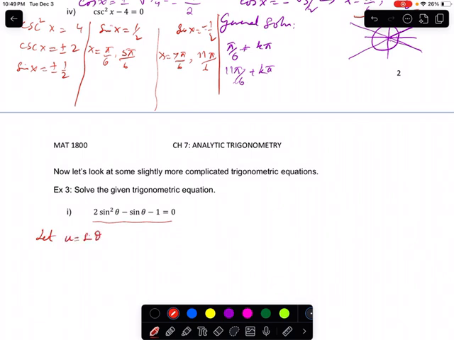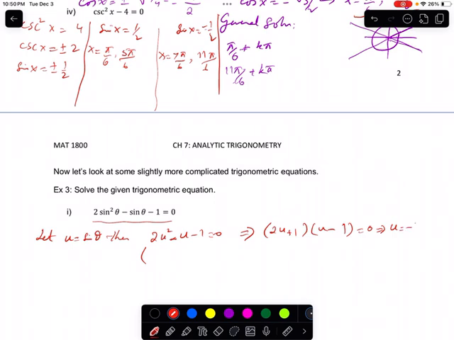This becomes 2u square minus u minus 1 is equal to 0. So what does that mean? You can solve it by factoring. So you get 2u, because this is negative sign, so I should have negative 1 and then I have positive 1 over here. So which is equal to 0, which gives me u is equal to 1 or u is equal to negative 1/2.